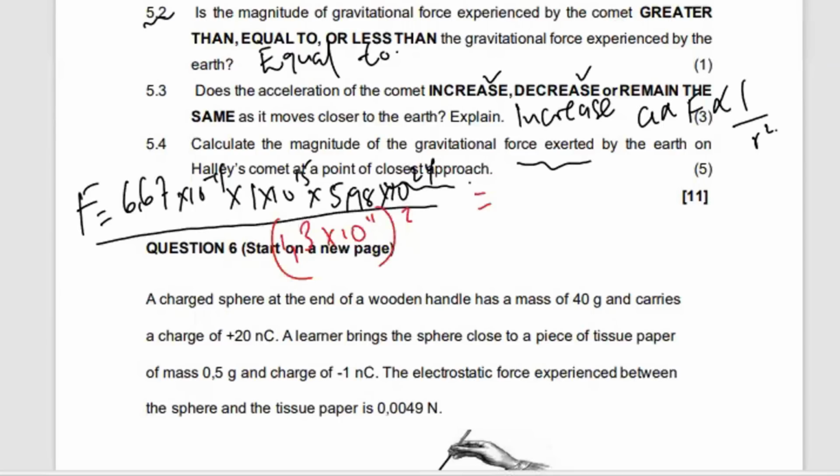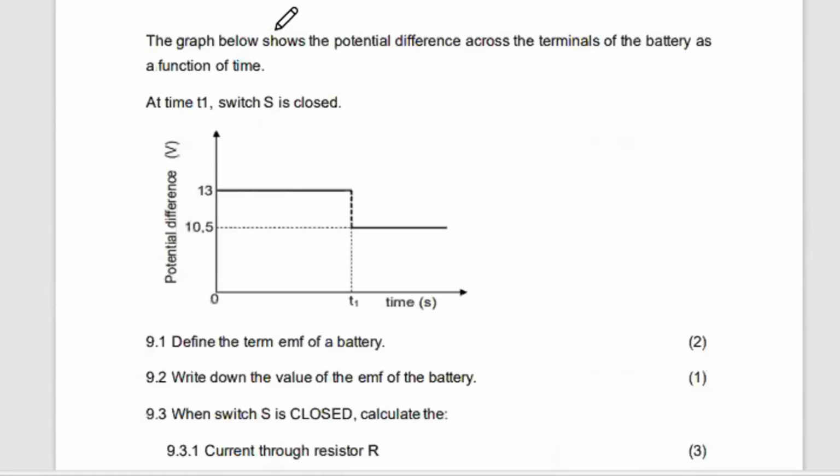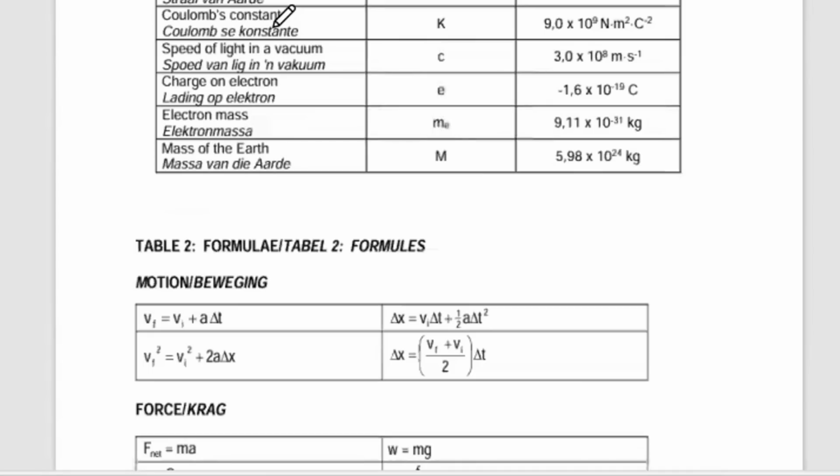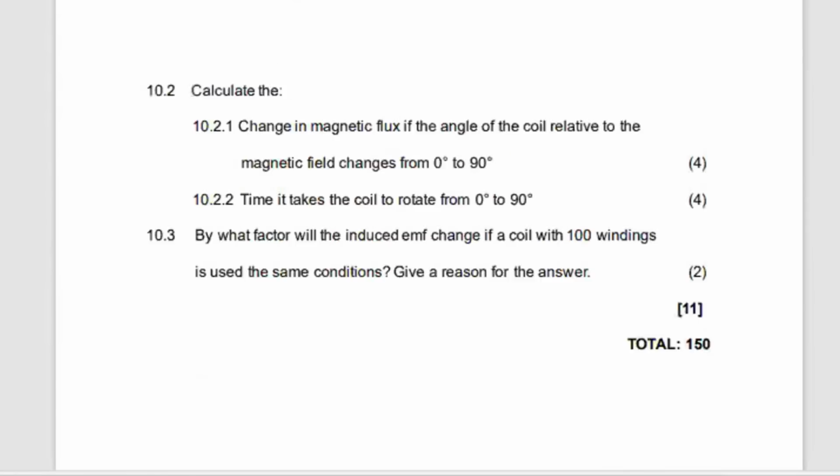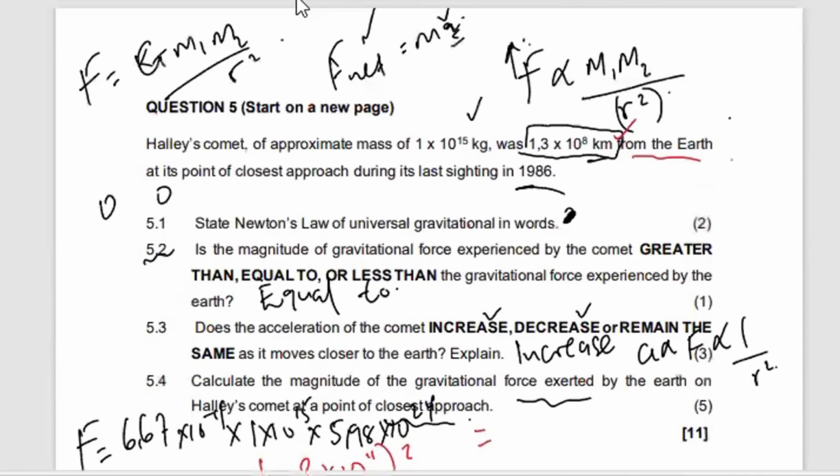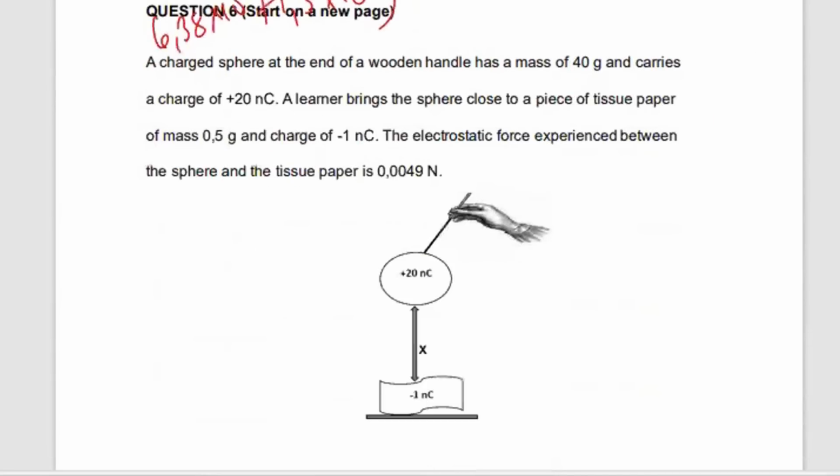So let me just add the radius: plus 6,38 times 10 to the 6. Then when you square that, I'm getting something like 2,36 times 10 to the 7 newtons. All right, so that is question number 5.